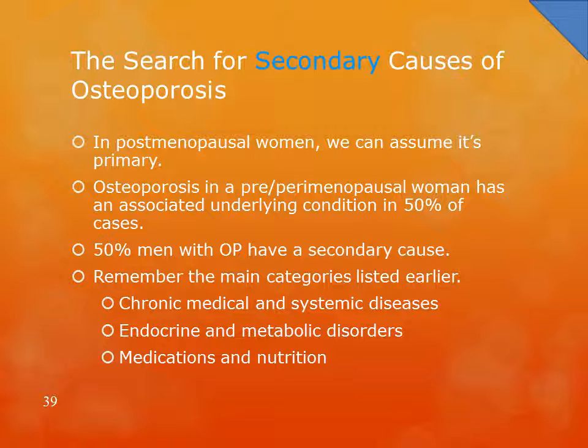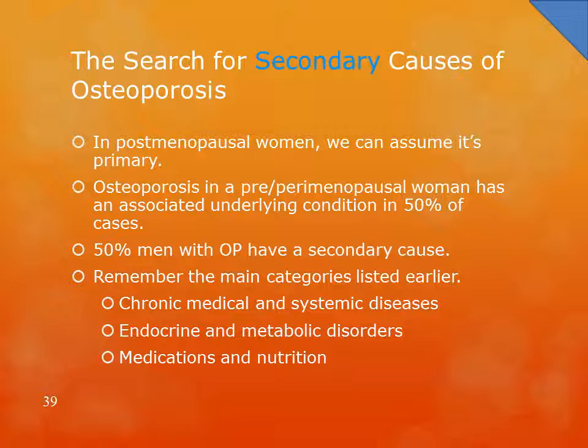Sometimes, though, it's secondary to a very specific condition, for instance, hyperparathyroidism. So for a patient presenting with osteoporosis secondary to a different underlying condition, we definitely want to find out about that underlying condition so that we can treat it. Don't just leave them with that hyperfunctioning parathyroid gland.